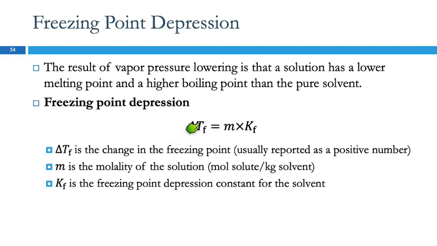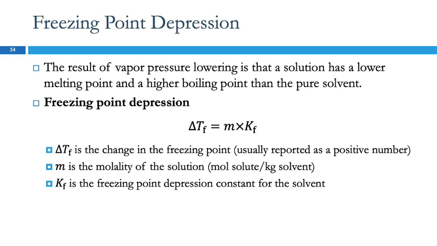Delta TF is the change in the freezing point. And it's normally reported as a positive number. I don't like this, but they didn't ask me. Normally delta means final minus initial, and that's not the case here. So it's always reported as a positive number, and then we have to think about it.